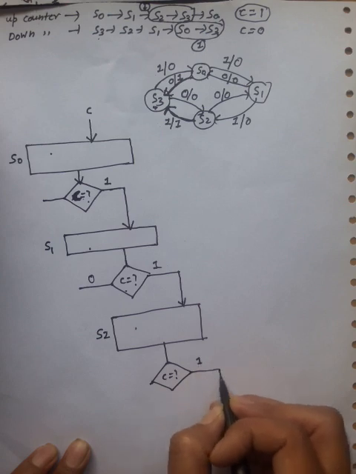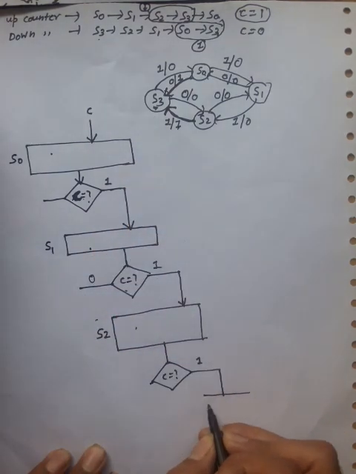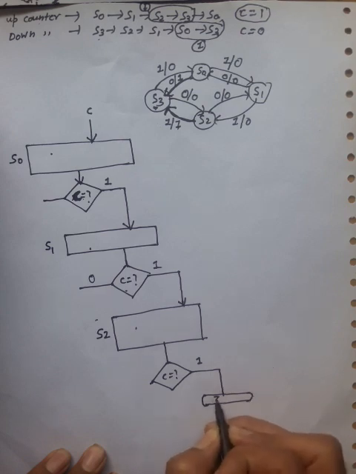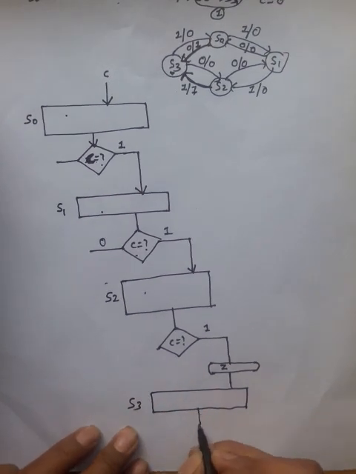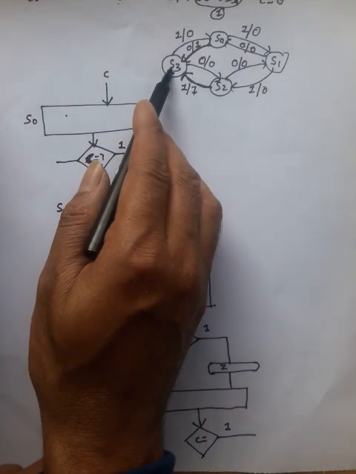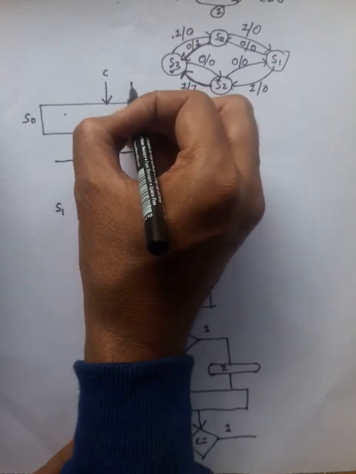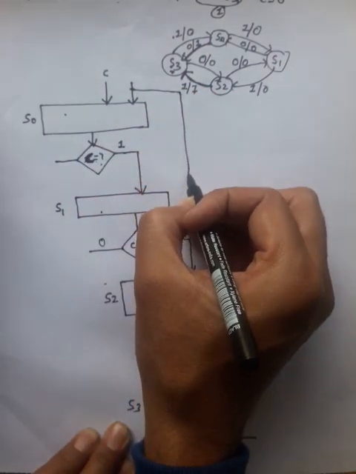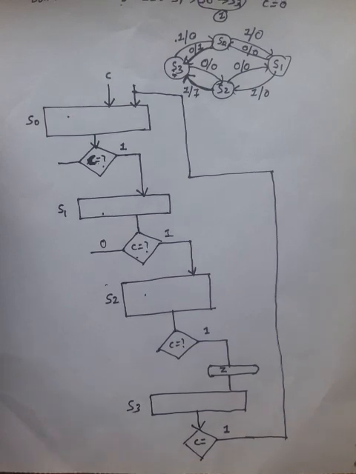If value of C is 1, it will go to S3, but output is high, so we will use the Mealy box Z. Now again check for C in S3. If value is 1, it is going to S0, output is 0, so from here connect here. This is for C equal to 1.